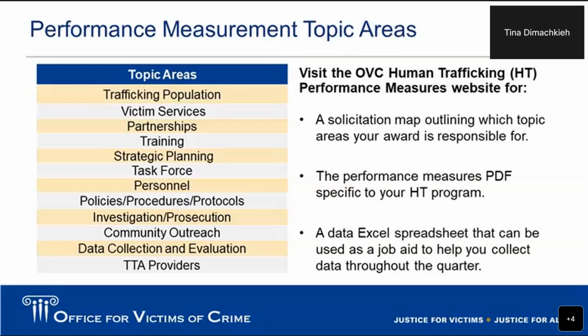Your second step is to actually use the performance measurement PDF for your specific human trafficking program and see what those questions look like based on those topic areas. That's another document that is also on our webpage and will be made available to you.